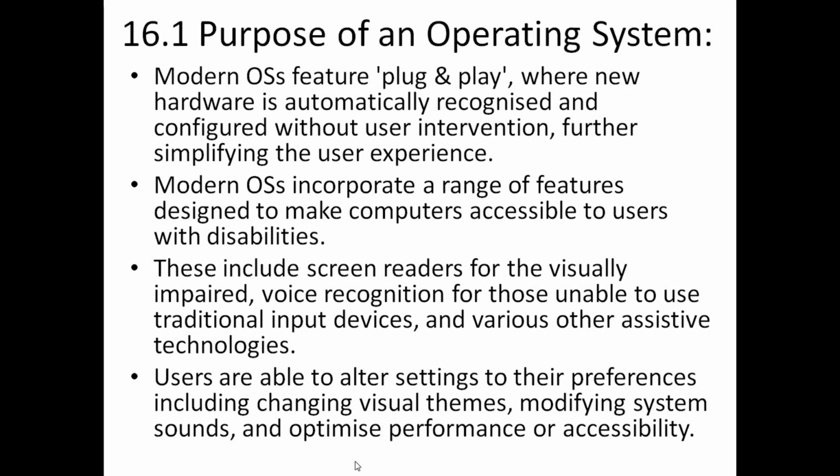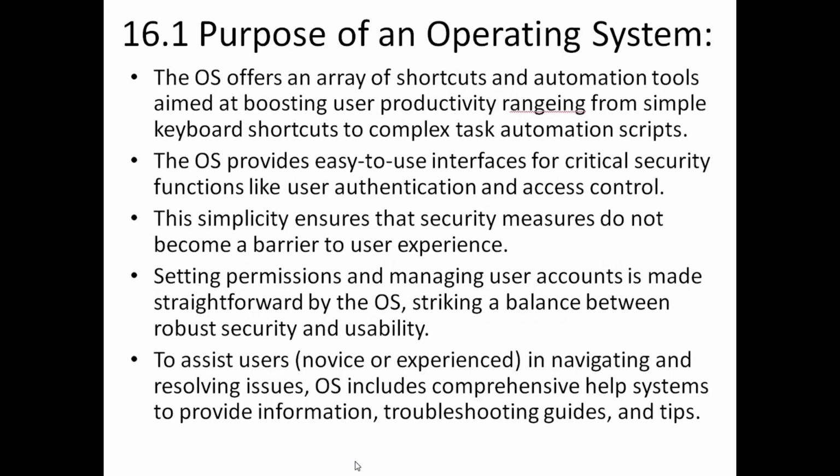These include screen readers for the visually impaired, voice recognition for those who are unable to use a keyboard, and various other assistive technologies. Users are able to alter settings to their preferences. You can change desktop themes, wallpapers, icon styles, cursor speed, and so many other things.